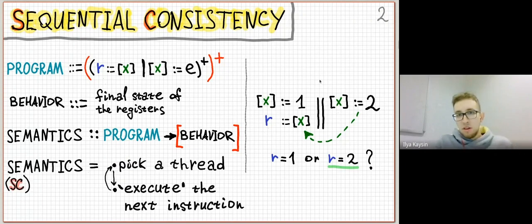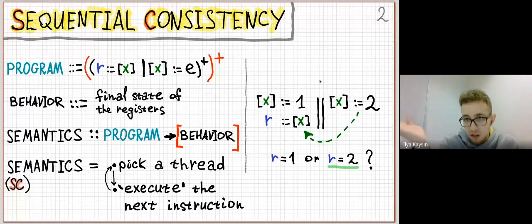We can go step by step, and on each step pick non-deterministically one thread and execute some instructions in this thread, and during this process we maintain the state of the registers for each thread, the state of the global memory, and the current program instruction pointer for each thread. On each step we execute one of the threads and update the corresponding information, increment the instruction pointer, and repeat this process over and over.